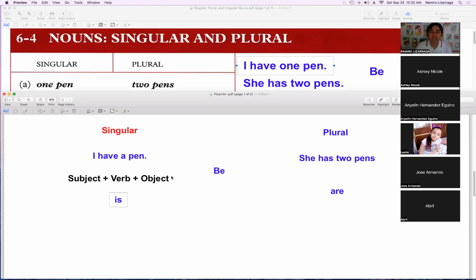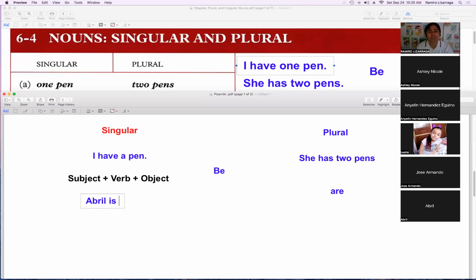Okay, so let's continue. Let's make a sentence here using is. I'm going to choose one of your names. Abril. So Abril is what? What is Abril doing?